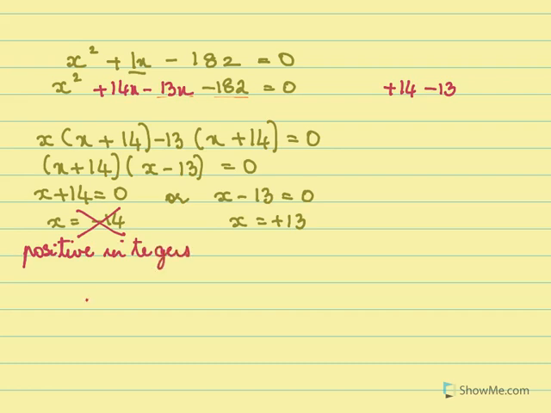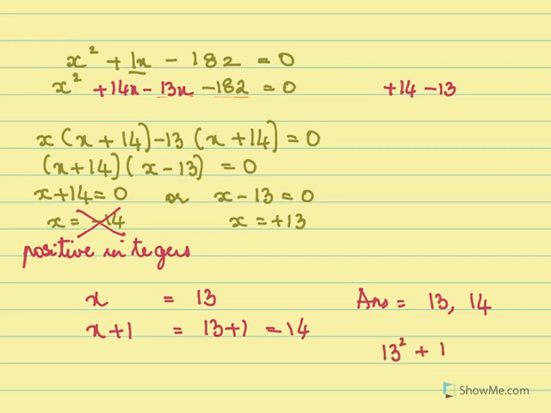So my answer is, one number was x, the other number, if you remember, we took x plus 1. So one number will be 13, the other one will be 13 plus 1, and that is 14. So my answer, the numbers are 13 and 14. And if you remember, the condition was the sum of the squares, 13 square plus 14 square had to be 365.